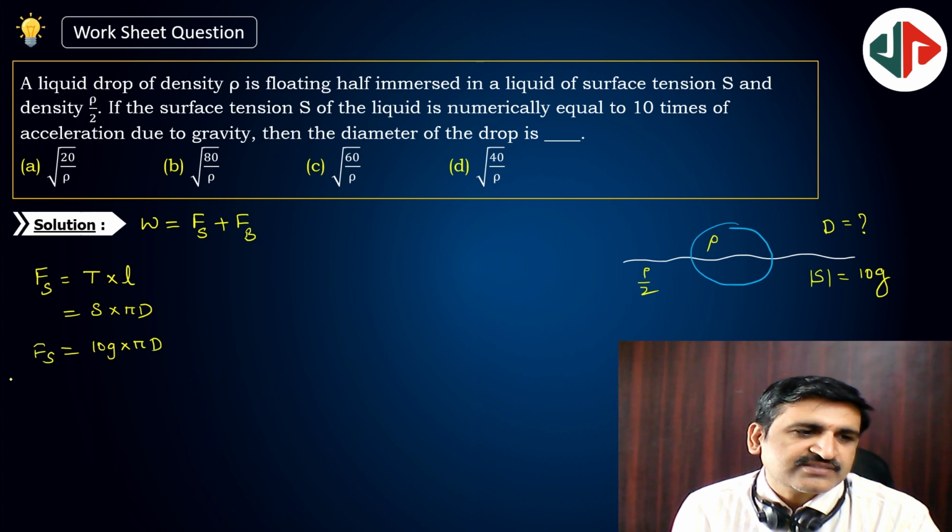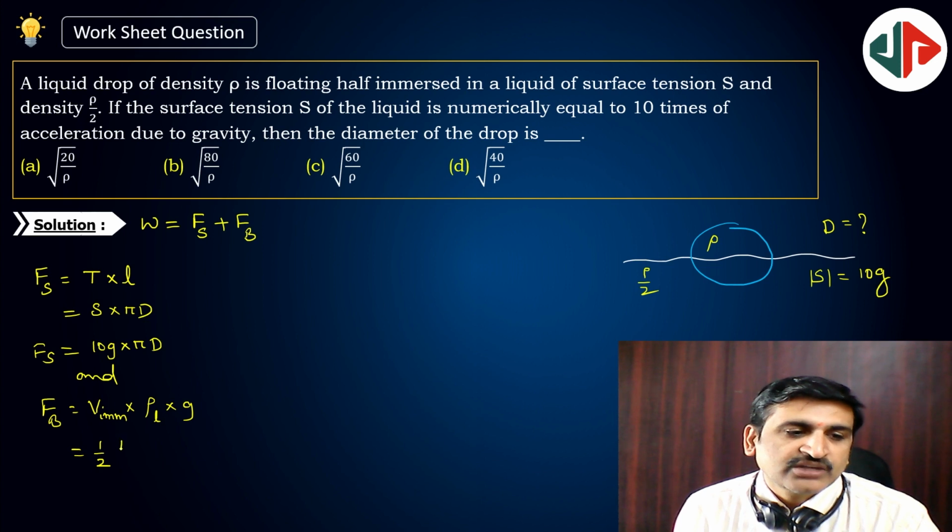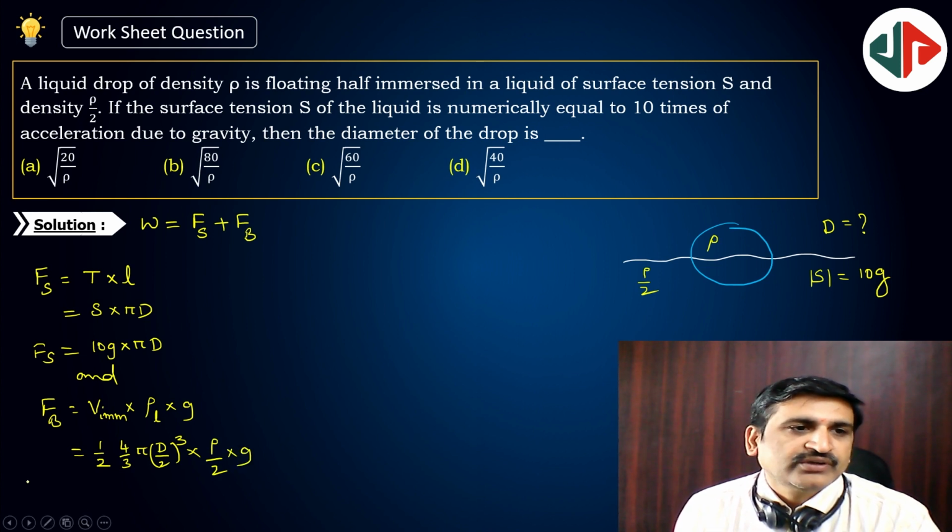This is Fs. And now buoyant force is equal to volume of the body immersed into density of the fluid into gravity. Volume of the body immersed is half of 4/3 pi r cube, into density of liquid, which is rho by 2, into gravity g.